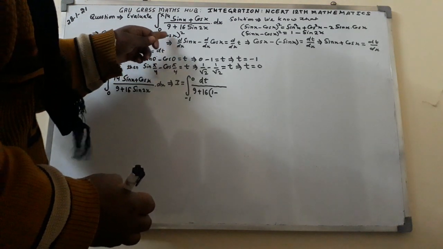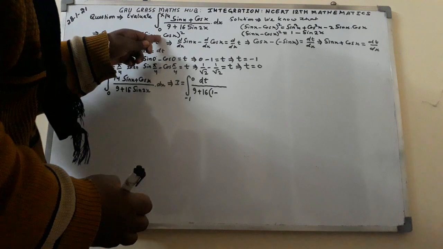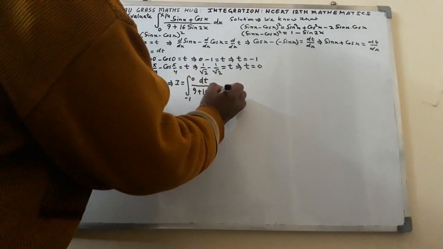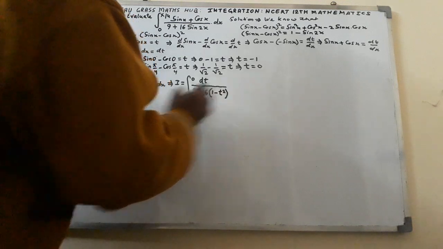In place of sin x minus cos x, I shall write t. It will become t square. So here you will get t square.